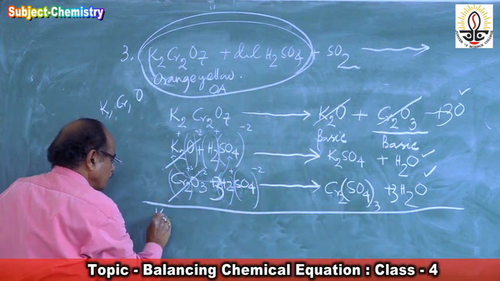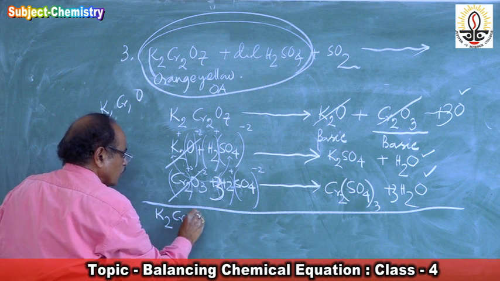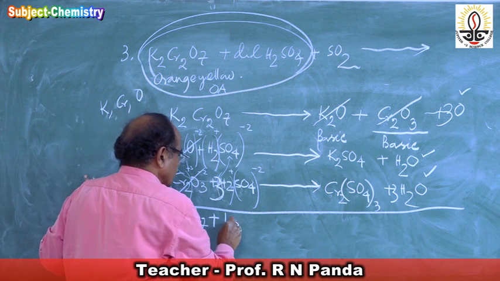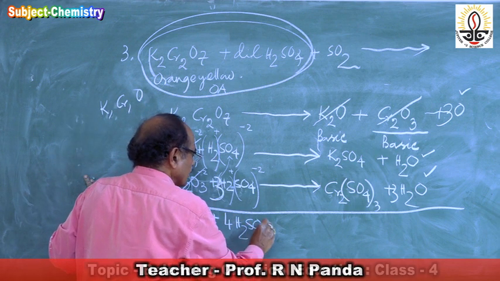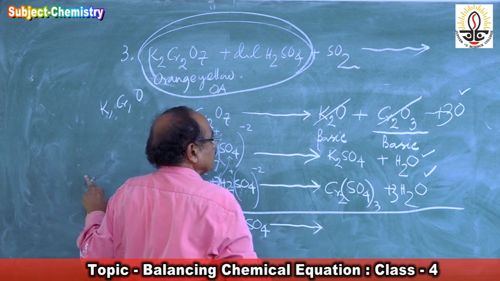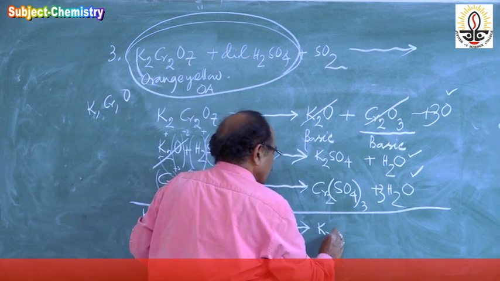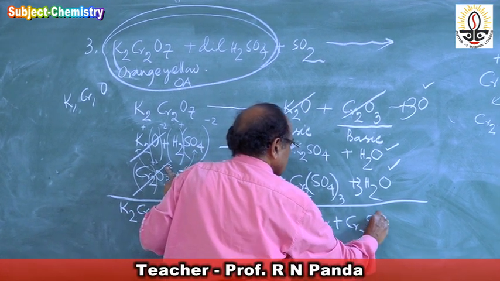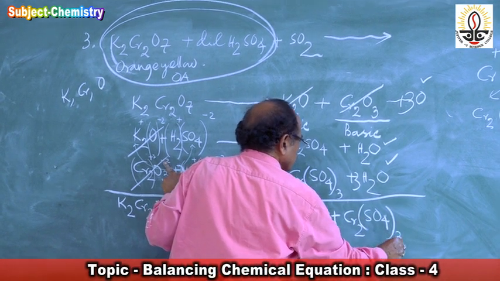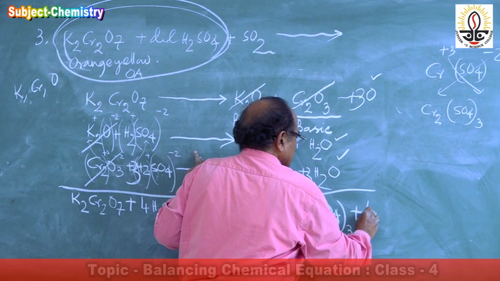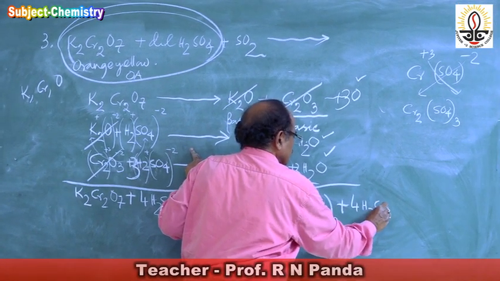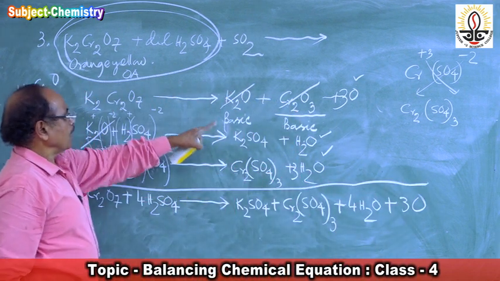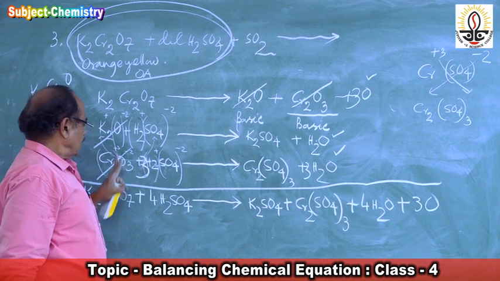So we got K2Cr2O7 plus 3 sulfuric acid, 1 sulfuric acid, this is 4 sulfuric acid. 4 sulfuric acid will form K2SO4, Cr2(SO4)3 plus 3 water, 1 water, this is 4 water, plus 3 O. K2O on the left side and right side cancel.